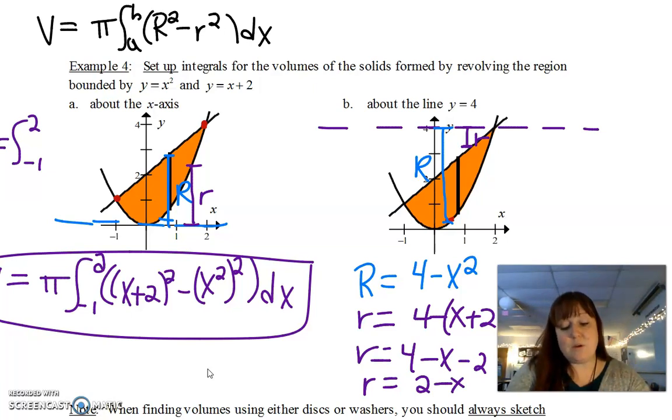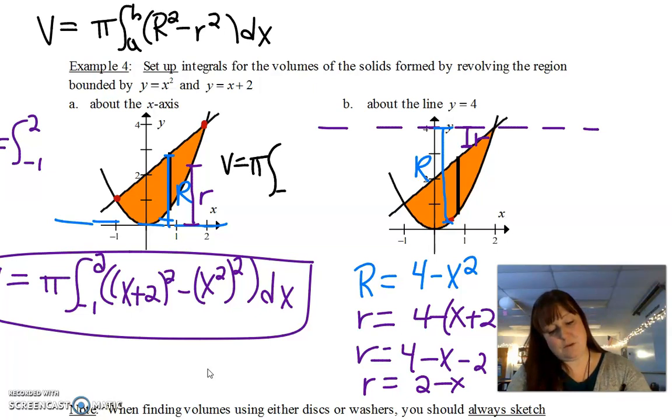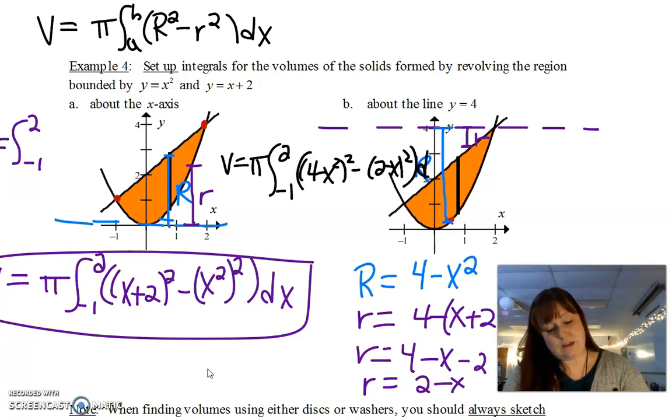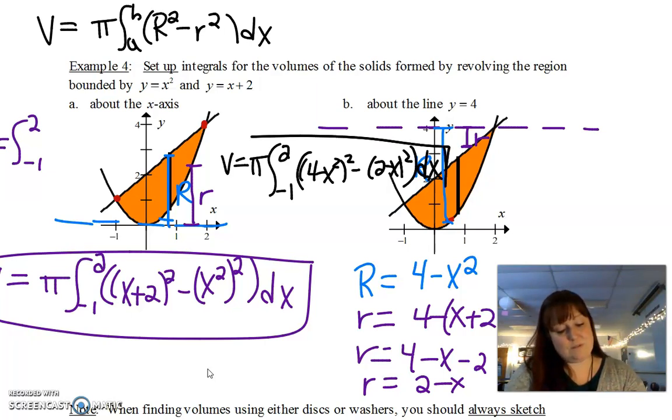Then our volume equation: volume equals pi times the integral from negative 1 to 2, because those are still our x values, of (4 minus x squared) squared minus (2 minus x) squared dx. That's really messy, I apologize, but I ran out of space. So this is going to be our integral for this one.